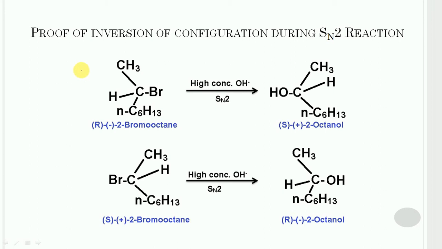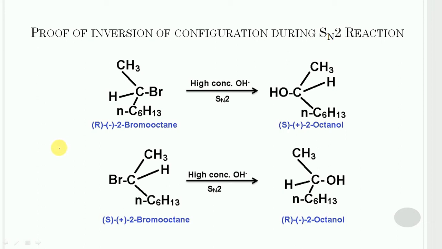So in case of methyl alcohol, which is an achiral compound, it is impossible to determine whether the inversion of configuration has occurred in the final product. However, by examining the hydrolysis of chiral or optically active alkyl halide, it is possible to demonstrate that SN2 reaction will occur with the inversion of configuration.